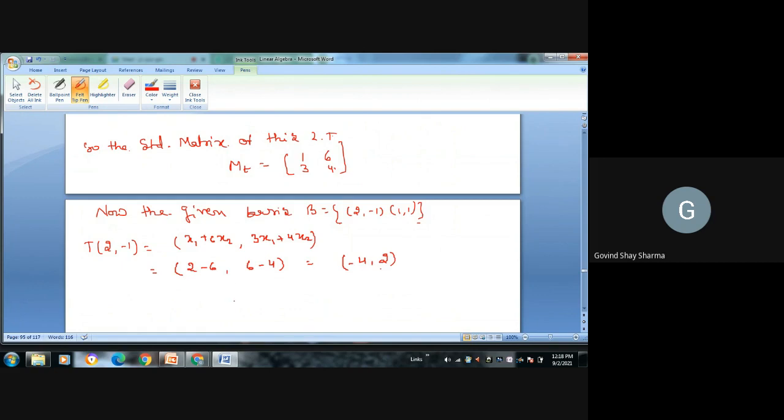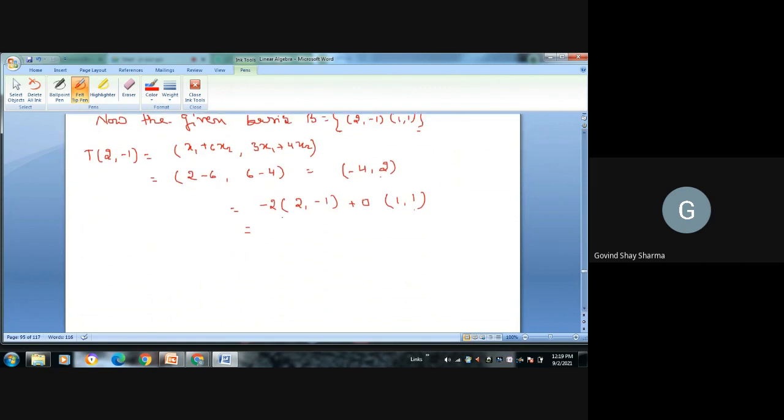Now we write this in basis form. The bases given to us are (2, -1) and (1, 1). So here we can represent it as -2 times (2, -1) plus 0 times (1, 1). This is the equation.